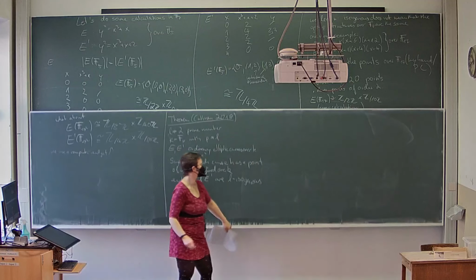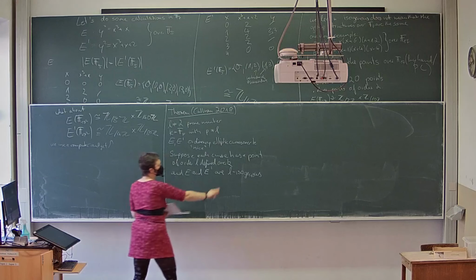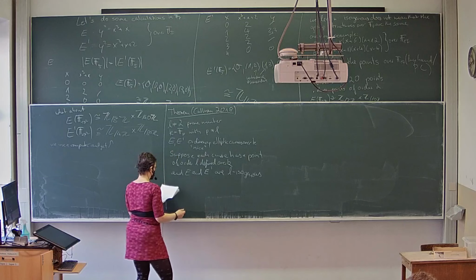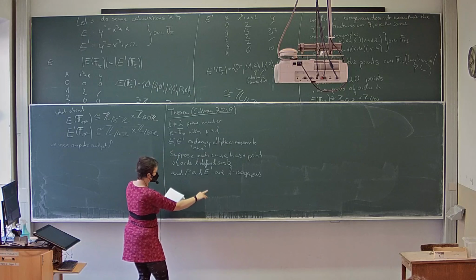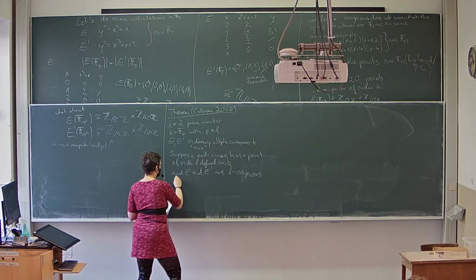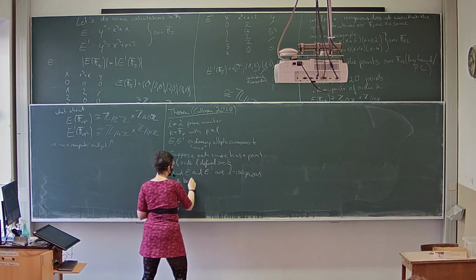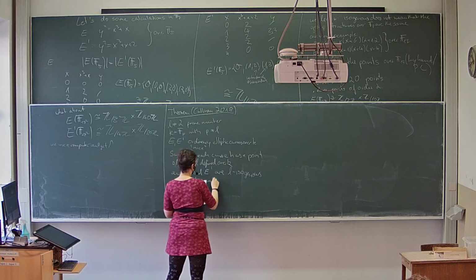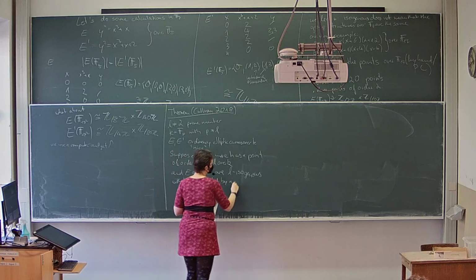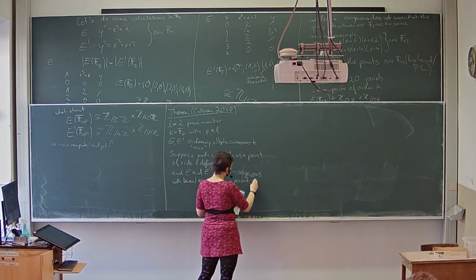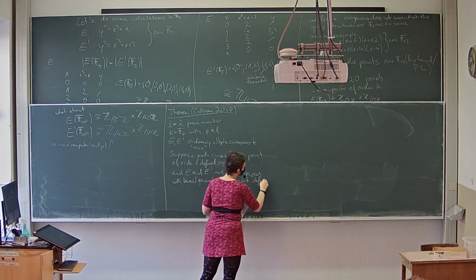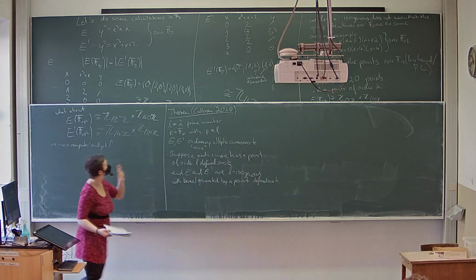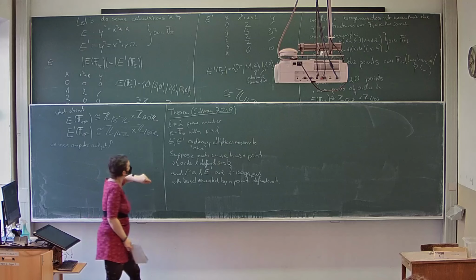L isogenous just means that the kernel of the isogeny is of size L. Are L isogenous with kernel generated by a point defined over K. So those are the conditions.